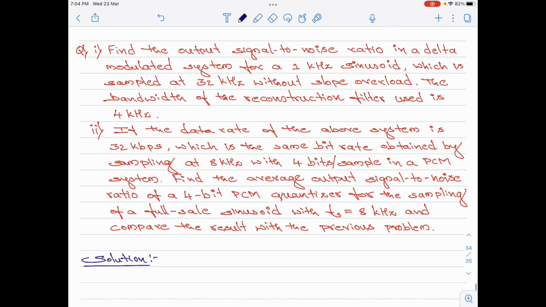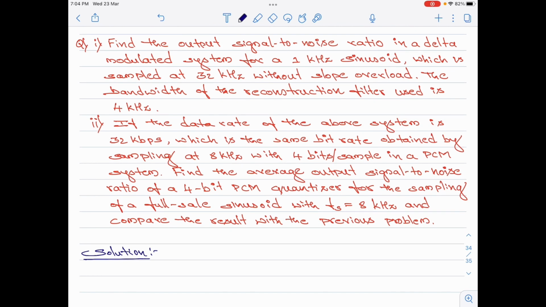So, going back to part A, we are given a delta modulated system and a sinusoid of 1 kHz. The sinusoid frequency is represented as F0 and is equal to 1 kHz.